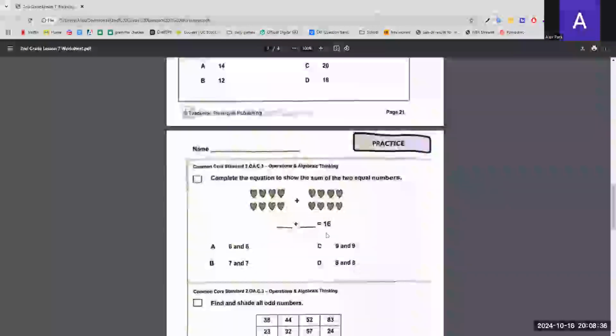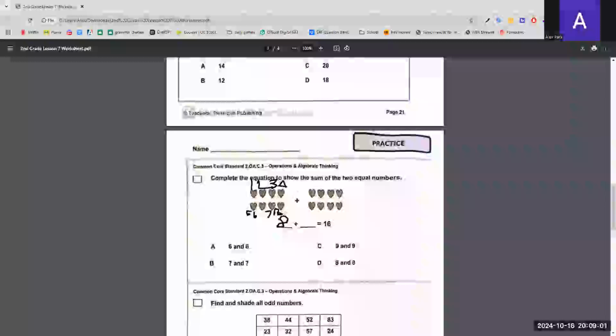Complete the equation to show the sum of the two equal numbers. So we can just count all the hearts, and then that's the number that goes into here. 1, 2, 3, 4, 5, 6, 7, 8. So this first number here is 8.